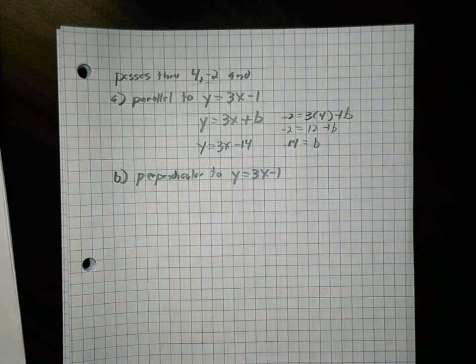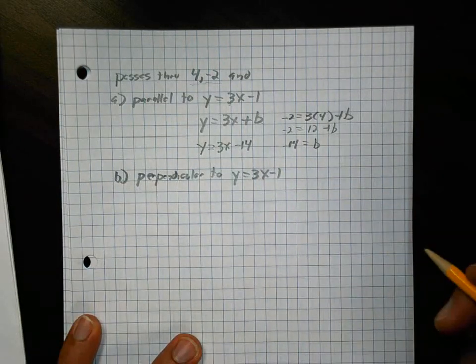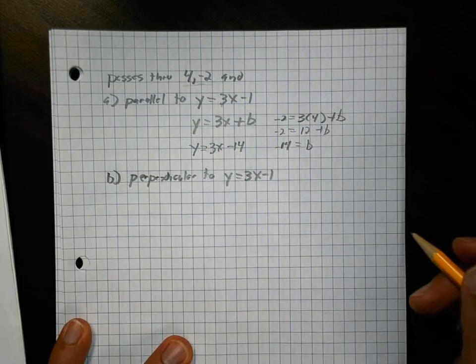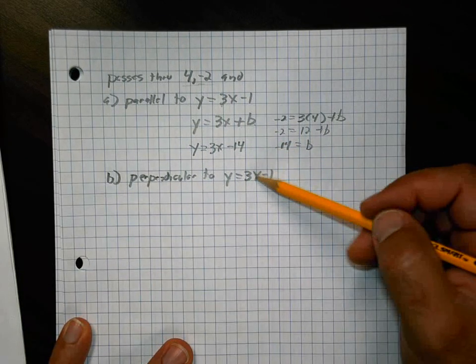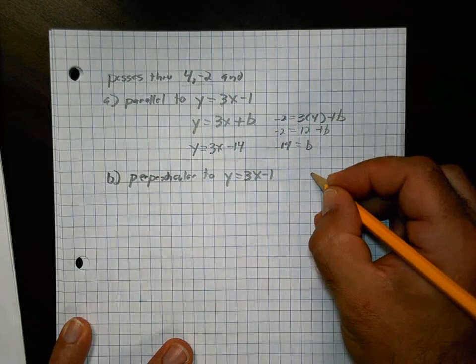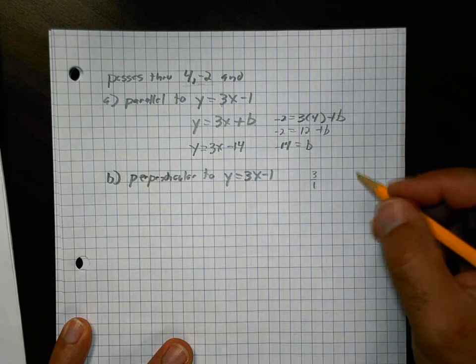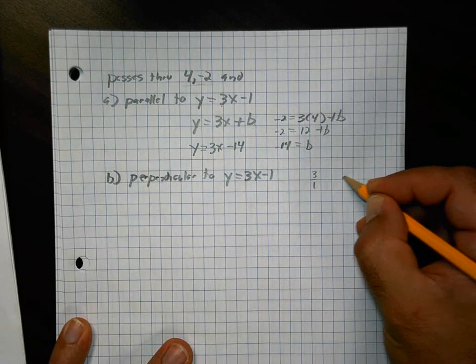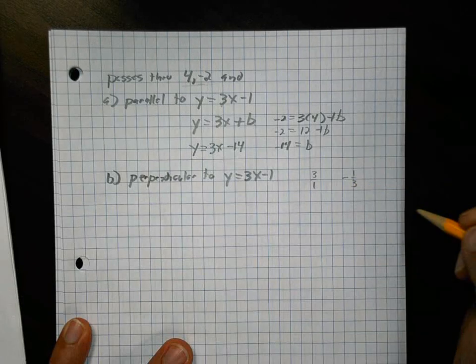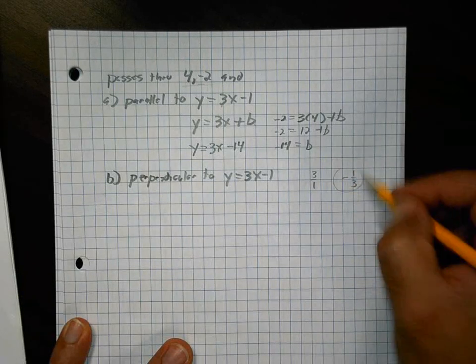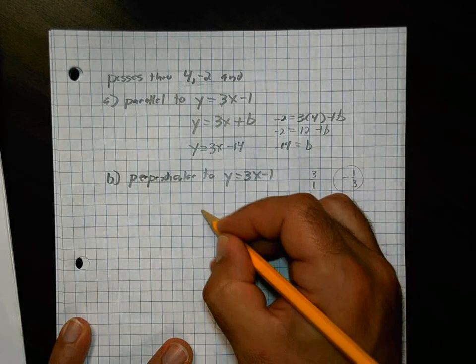Perpendicular, so if the slope is 3, a line that's perpendicular would have a slope that's the opposite reciprocal. So if this slope is 3 over 1, the opposite reciprocal would be -1 over 3. That's the slope of my new line.